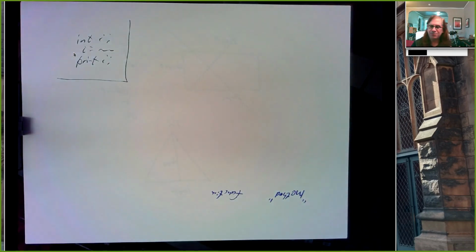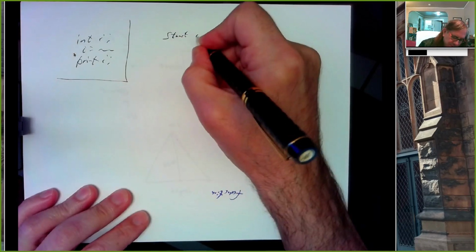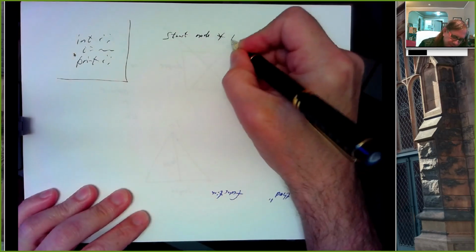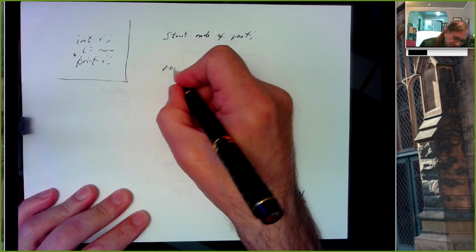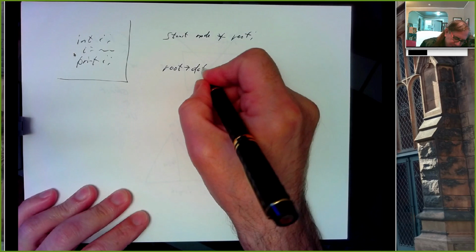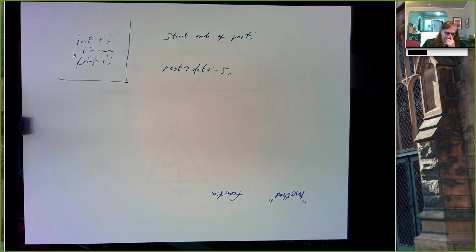But when we have more complex things, like a struct node star root, and then we start saying something like root arrow data equals 5, right? This is worse.